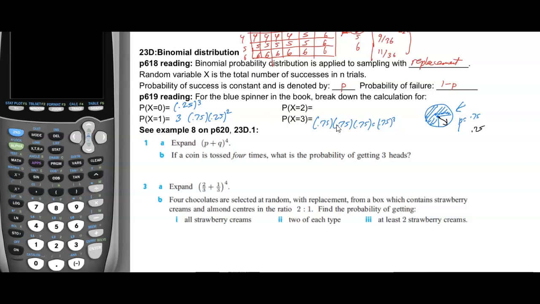So since there's 3 different ways that can happen, you multiply it times 3. For 2 blue spins, that would be 0.75 squared because that's 2 times you got blue, and there's 1 time you got white, which would be the 0.25. 3 ways of that happening too, so you multiply it times 3. Okay? So remember, like we saw in the investigation, this creates basically a Pascal's triangle pattern, 1, 3, 3, 1, and the exponents are basically the number of times that you have success, right?